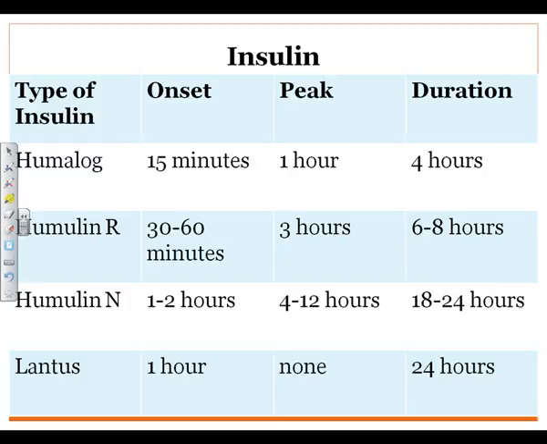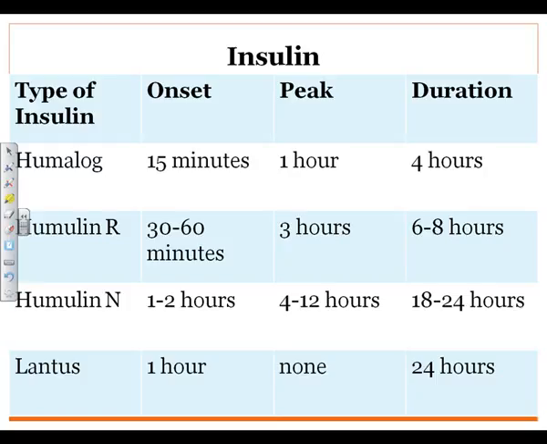What number was I saying? 421. Alright, so if I have a patient who received Humalog at 11 o'clock, when am I going to monitor more closely for signs of hypoglycemia?